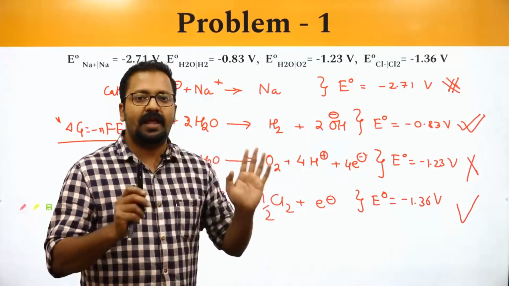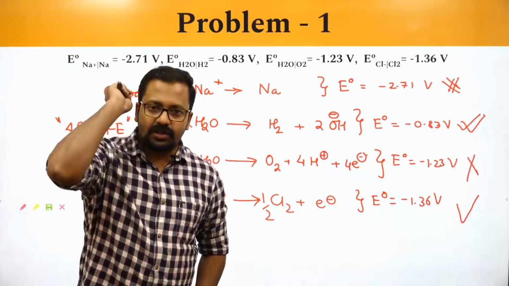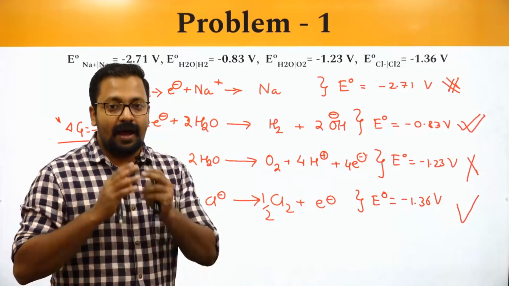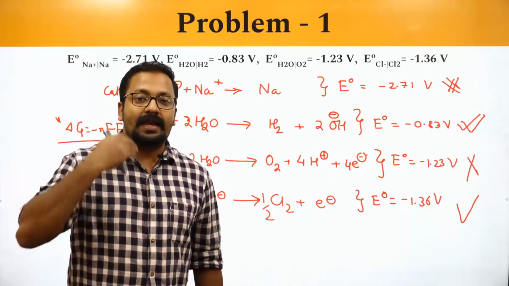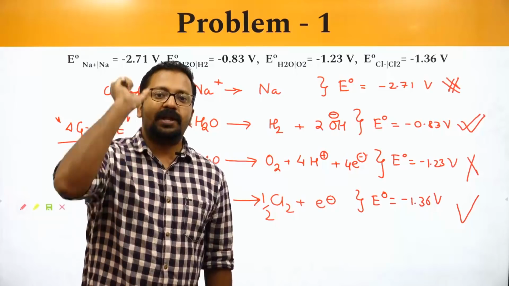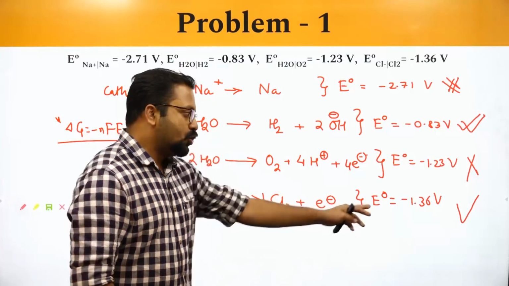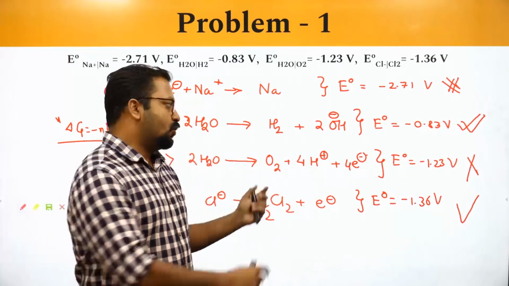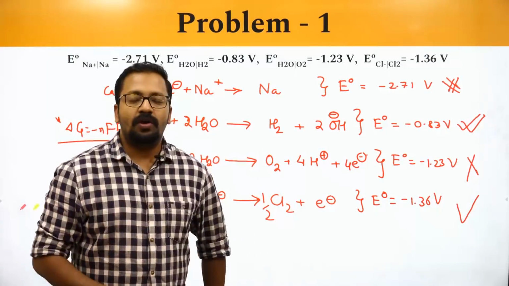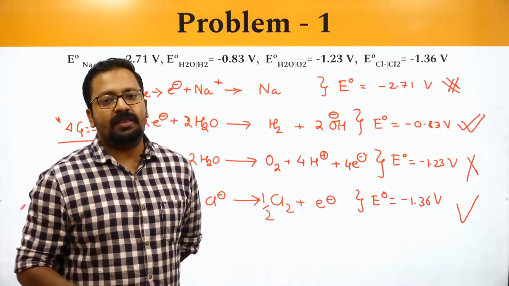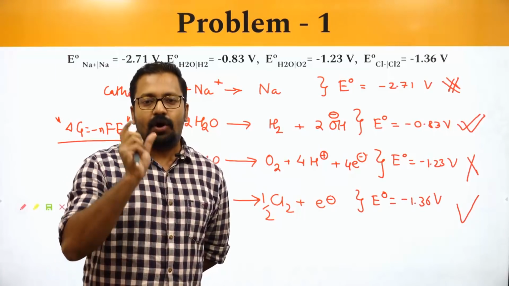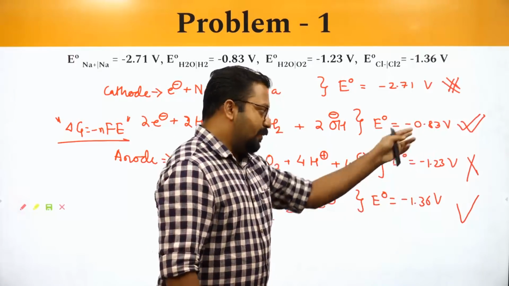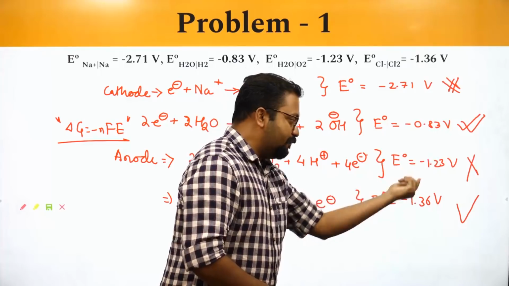Now you can see it is thermodynamically favorable, but the reaction is so slow that to make it run at an appreciable rate, you have to increase the potential. The extra potential that you need to add is known as overpotential. So H2O conversion into O2 will always be associated with a certain degree of overpotential, which makes the total value slightly more negative than this.